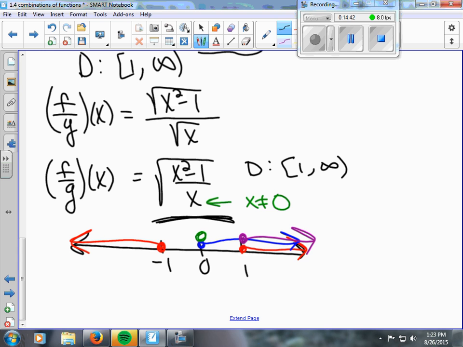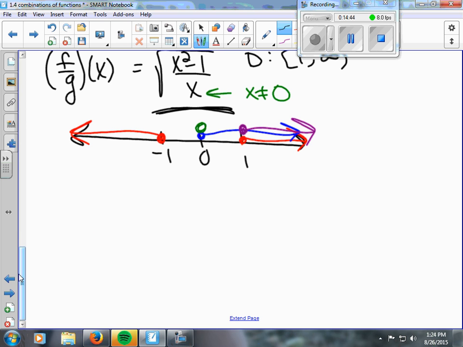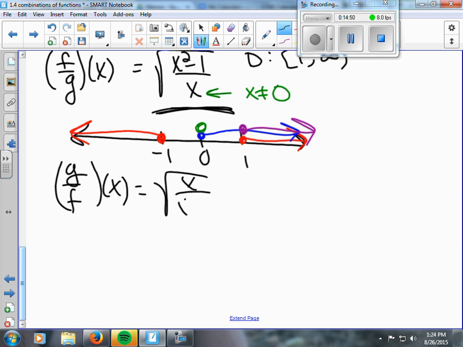Let's do g over f. That's the one that would matter. If we did g over f, then that would be square root of x over x squared minus 1.